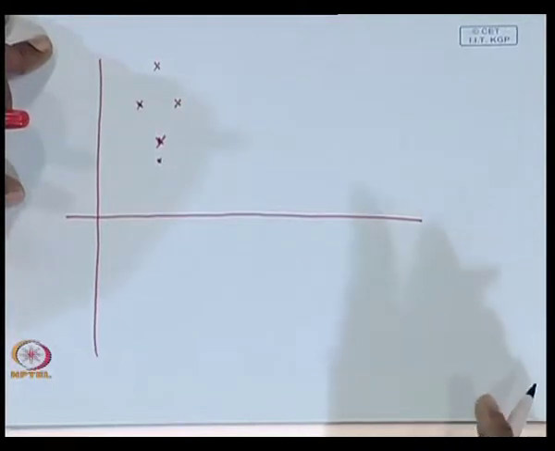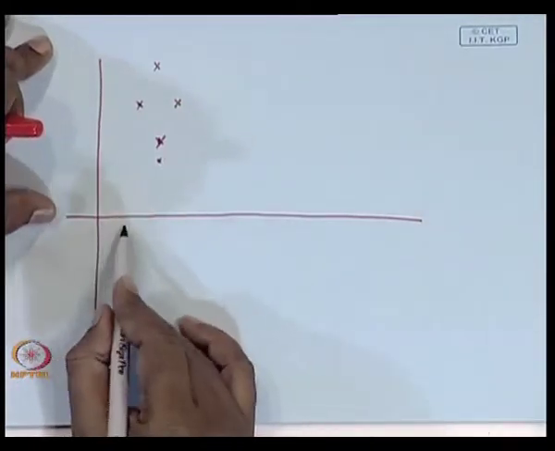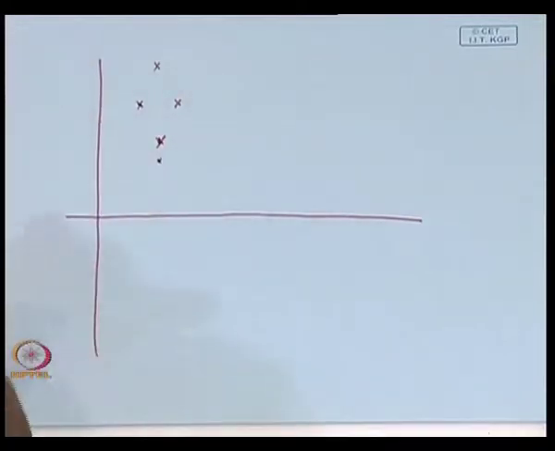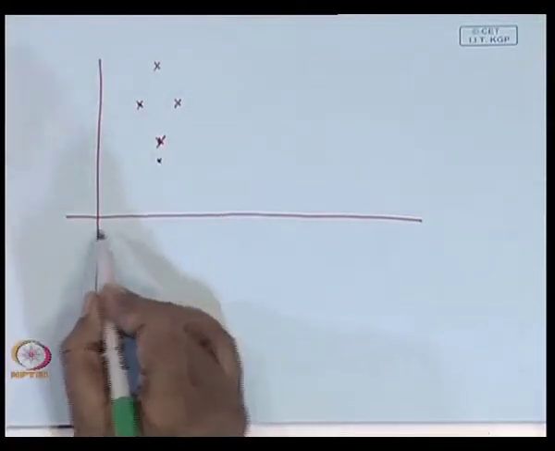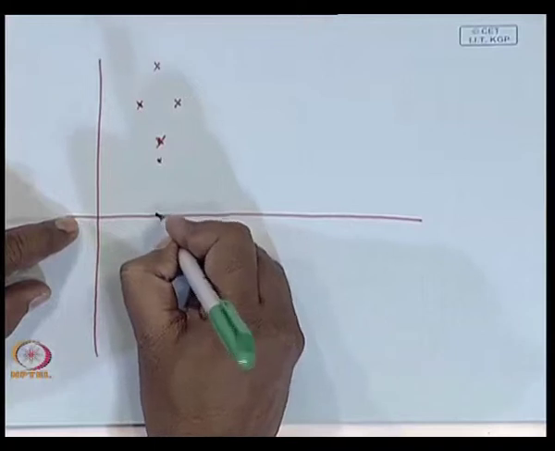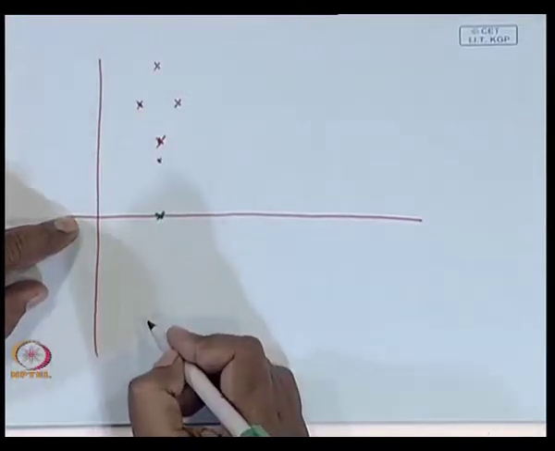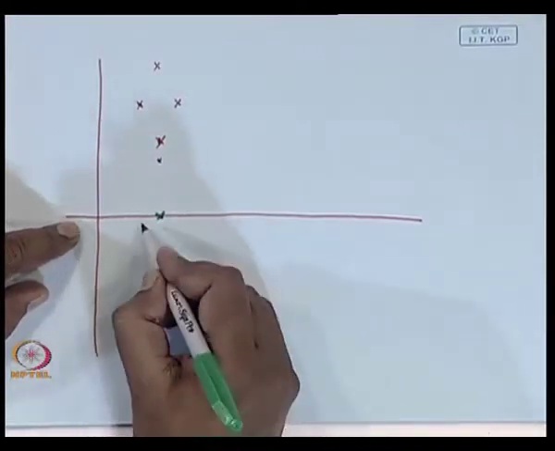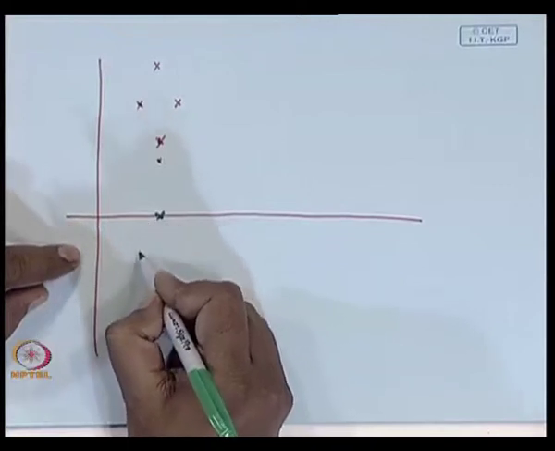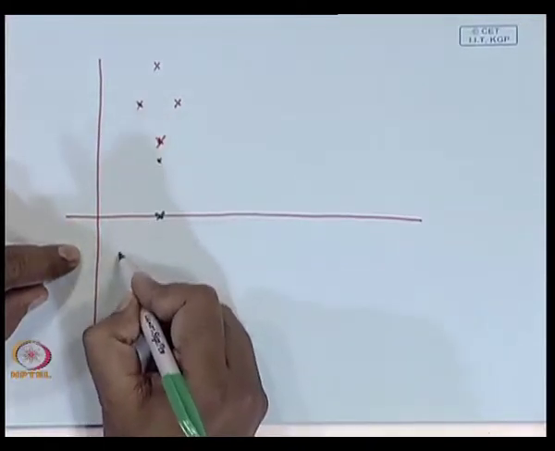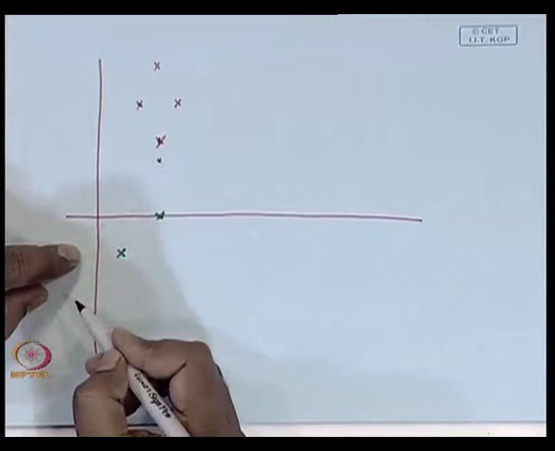Similarly, for omega 2, I have 3, 0. This is a point belonging to class omega 2. I have 1, minus 2, which is over here.